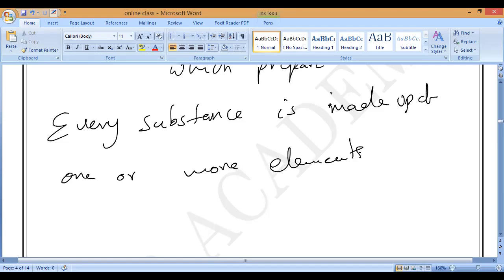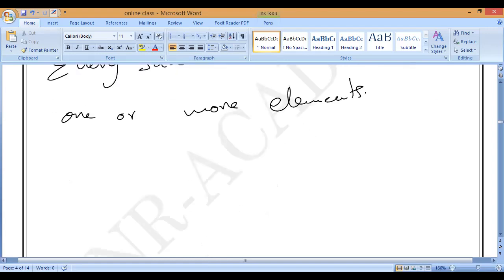Now, what are the common elements we observe in our surroundings? First one, hydrogen. Oxygen. Hydrogen, carbon and sulfur, and mercury also. You can say even 10, 20 of them.